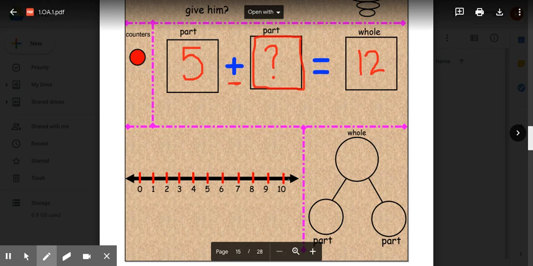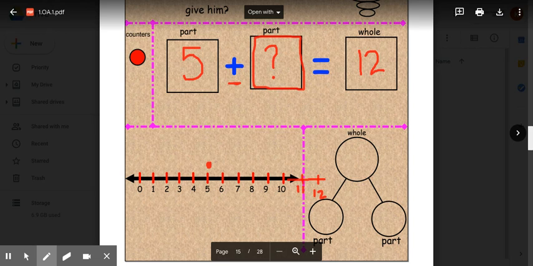Now, before I start, this number line should actually go to at least 12 because my whole number is 12. So the first thing I'm going to do is put my marker on 5 because that is how many rocks he is starting out with.